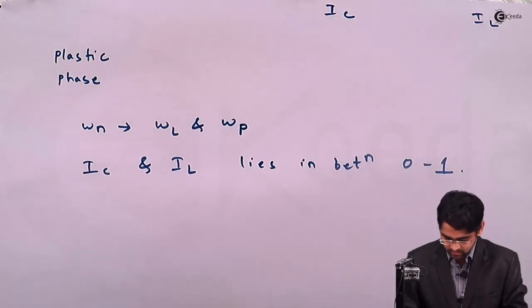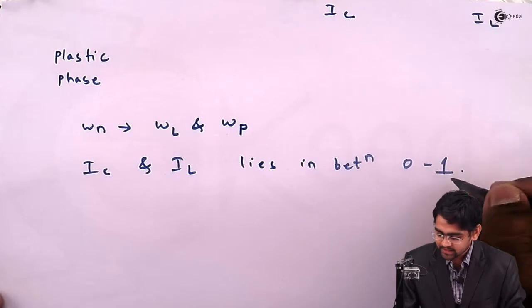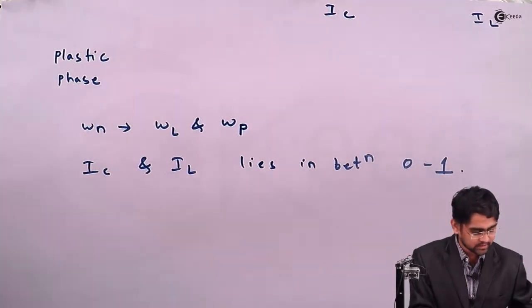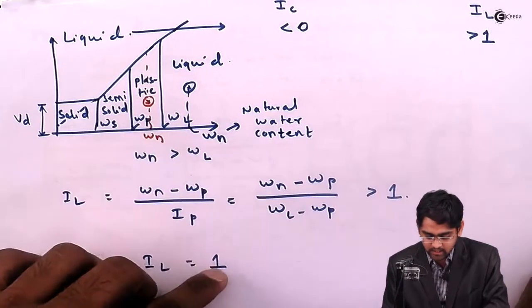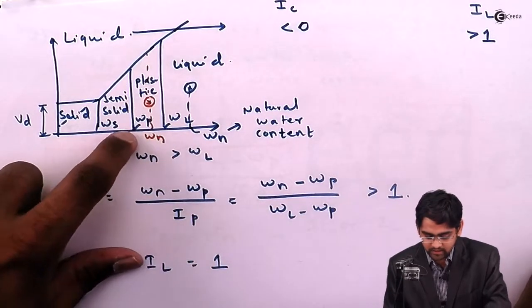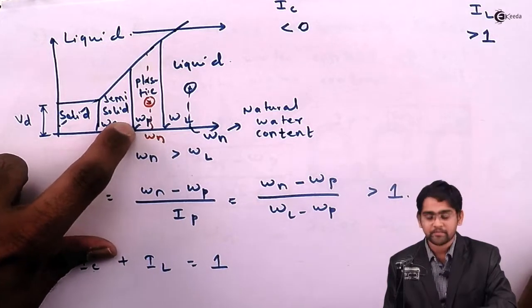The liquidity index closer to 1 means the water content is closer to the liquid limit, and the liquidity index closer to 0 means the water content is close to the plastic limit.